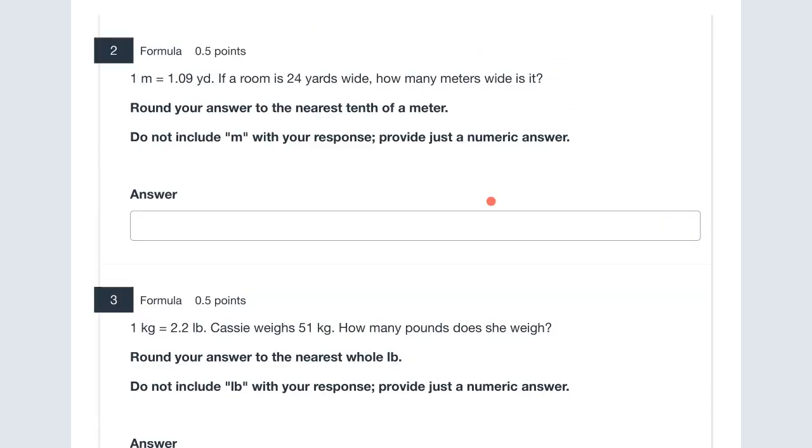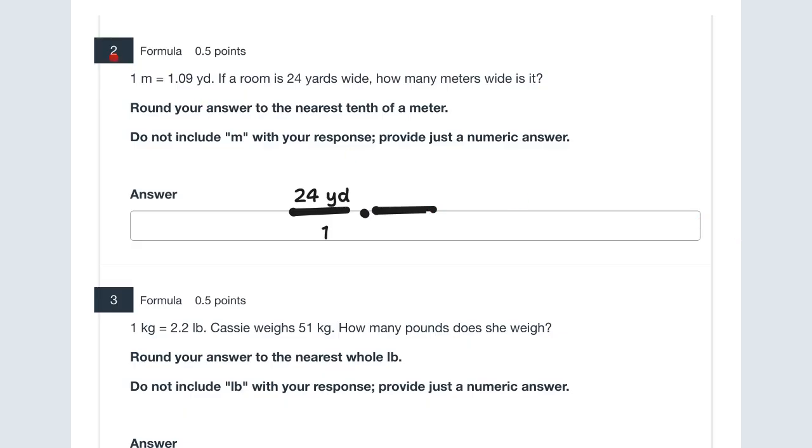Number 2 here, similar problem. All right, I'm going to start with what was given to me, which is 24 yards wide, 24 yards. And again, I like to put that over 1 so we have fractions. I'm going to multiply this by a fraction. That'll make yards cancel and leave me with meters.